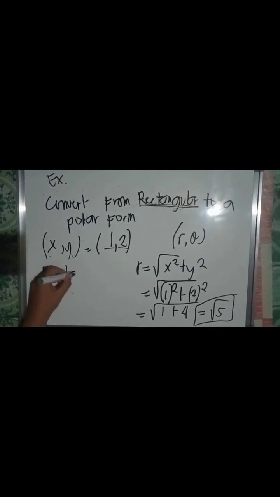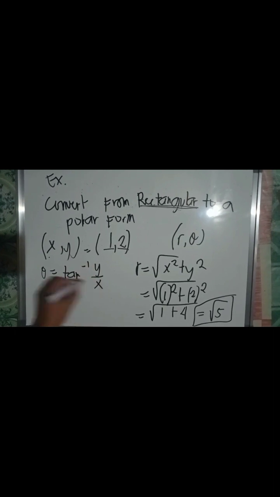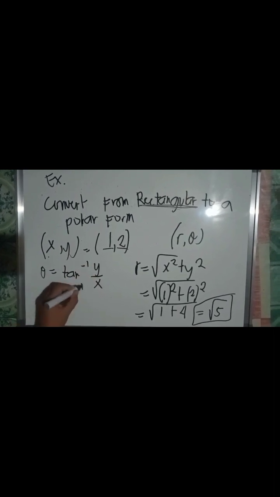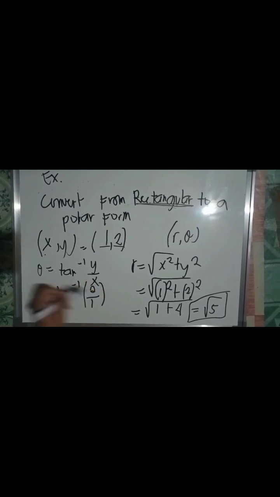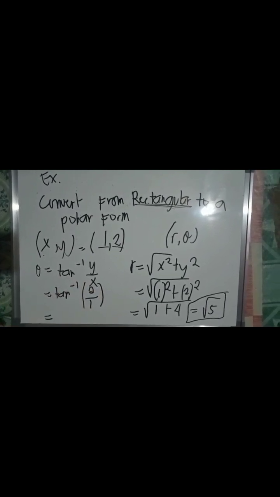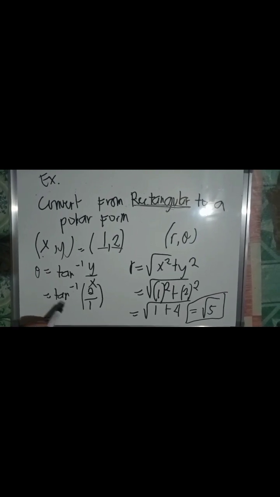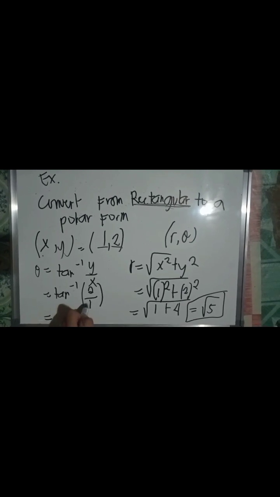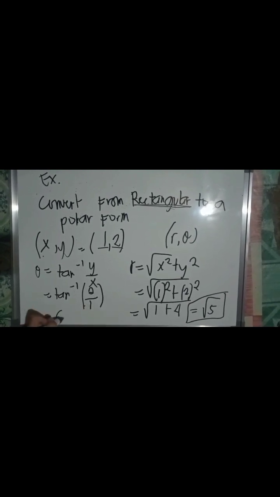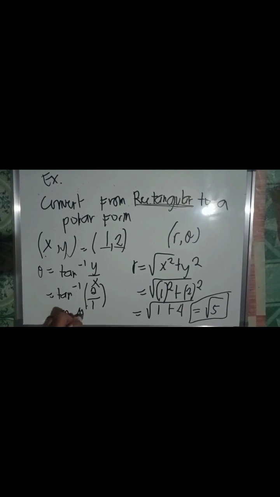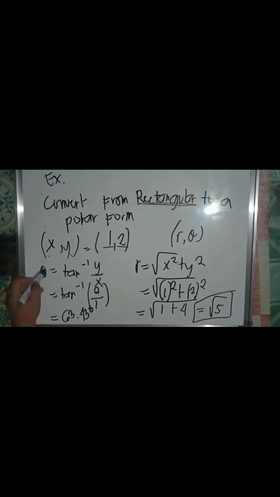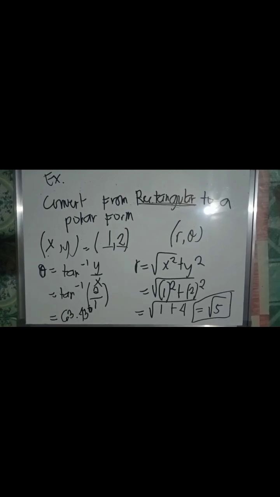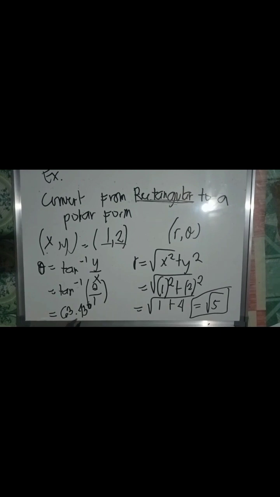And for our theta, our y is 2 and our x is 1. Then inverse tan of the quantity 2 over 1 is equal to 63.43. Since this is an angle theta, it should have a degree.